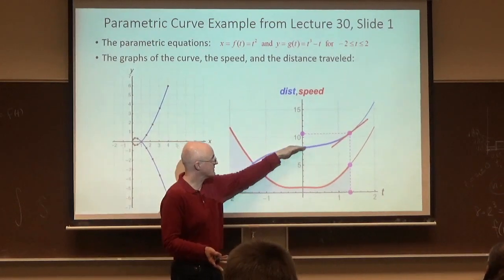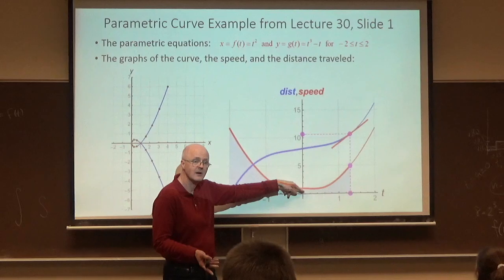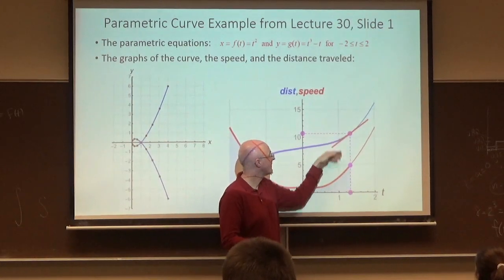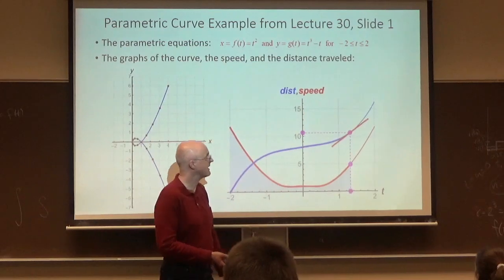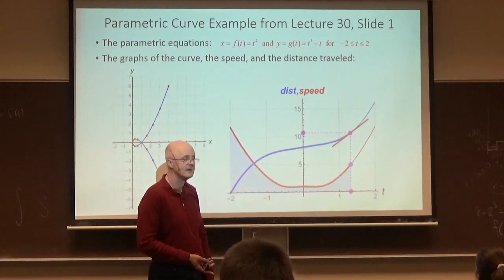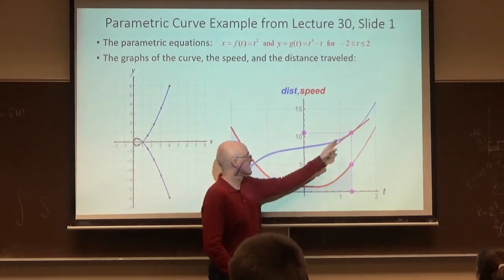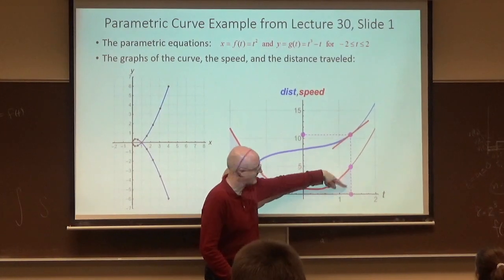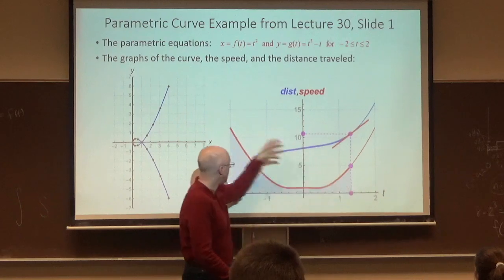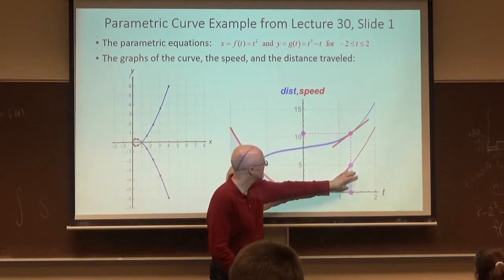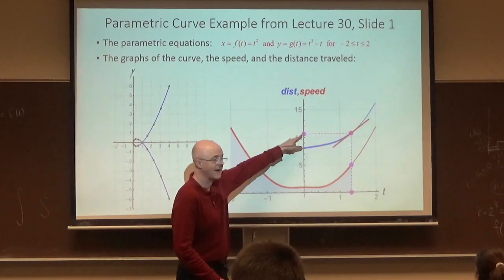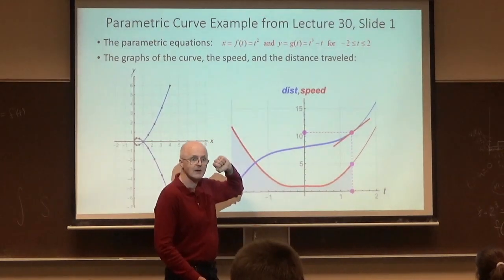Then it gets closer to 0 again because the speed is low. Then it gets higher again in slope because the speed is higher in value. The slope of the blue curve is the value of the red curve at that time. The area under the speed curve is the value of the distance curve, the second coordinate there, at that moment in time.